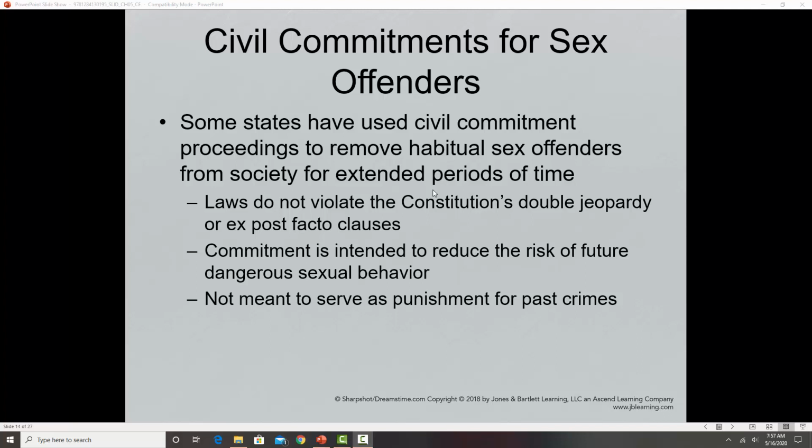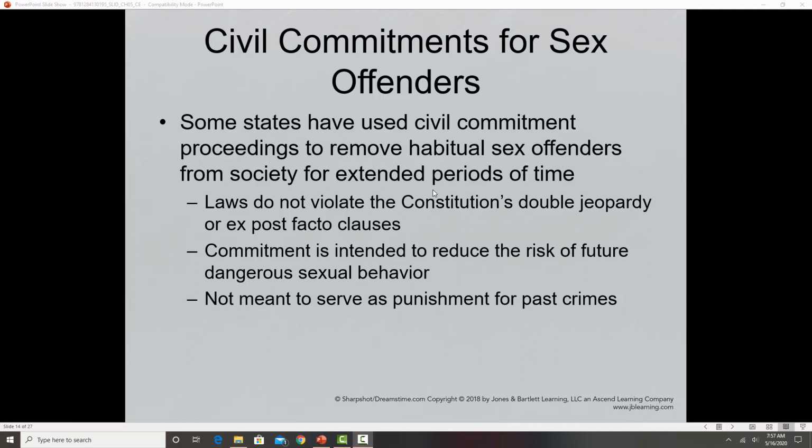So let's say they got 10 years, and after 10 years, the court deems them to still be a threat to society. They can use civil commitment laws to keep them committed for an indeterminate amount of time, held as long as warranted to successfully treat them and satisfy public safety concerns.